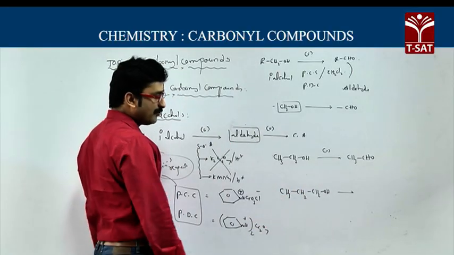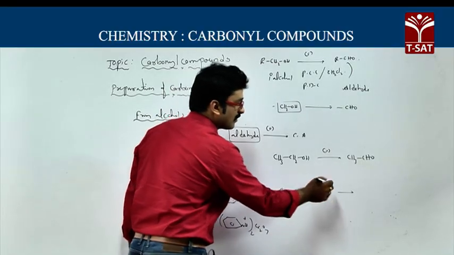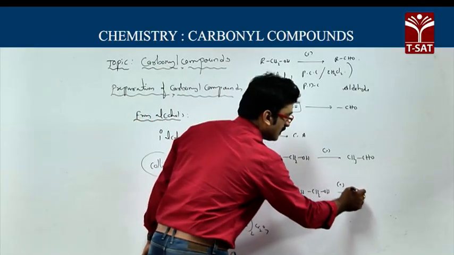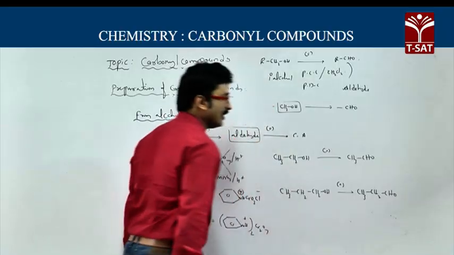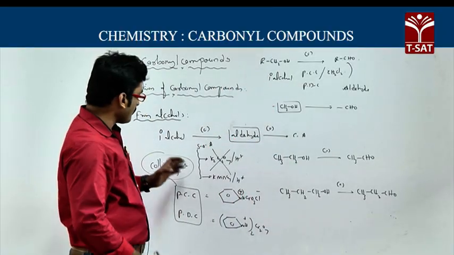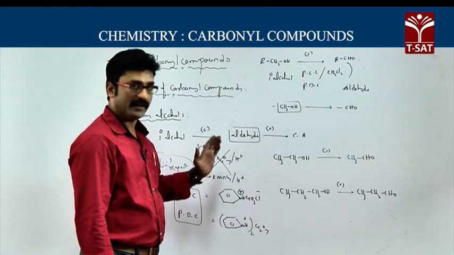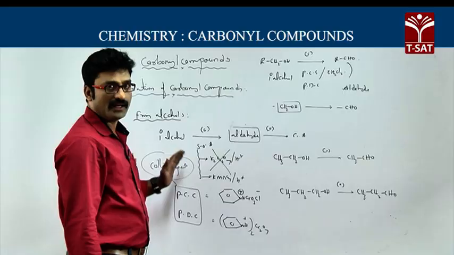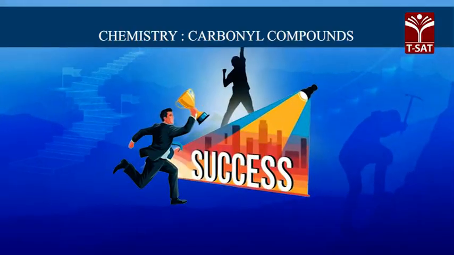This n-propyl alcohol, this is also a primary alcohol, on oxidation in the presence of PCC or PDC, here you will get CH3CH2CHO, propanaldehyde. So the number of carbons in the alcohol will be the same as the number of carbons in the aldehyde. So this is the preparation of aldehydes from primary alcohols. Now we will go for preparation of ketones.